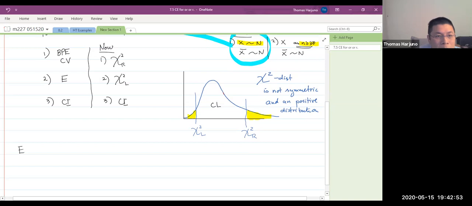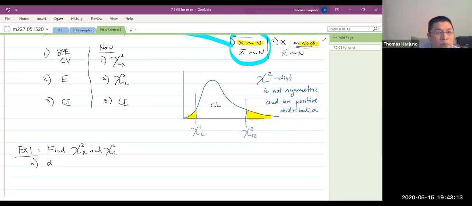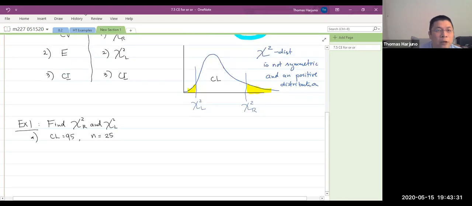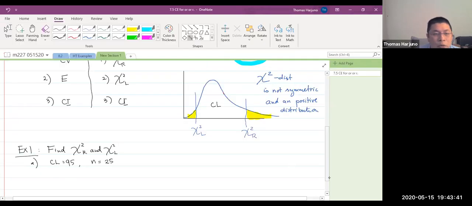For example, this is finding chi-square right and chi-square left. Suppose, for example, the confidence level is 95%. And then the n is 25. The sample size is 25. Now suppose I sketch that chi-square distribution here.